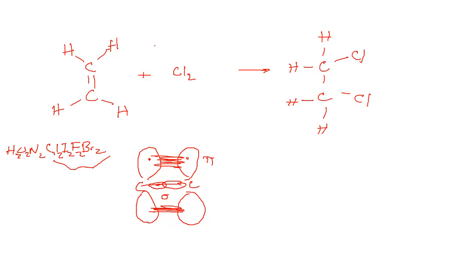So we would call this 1,2-dichloroethane. So we've gone from ethene on the reactant side to dichloroethane. This is called an addition reaction.